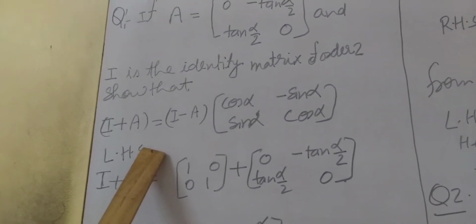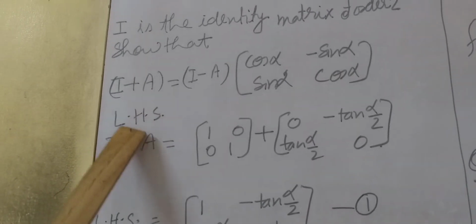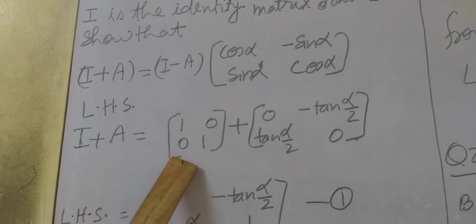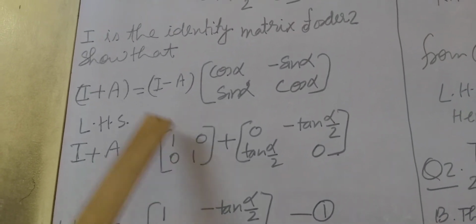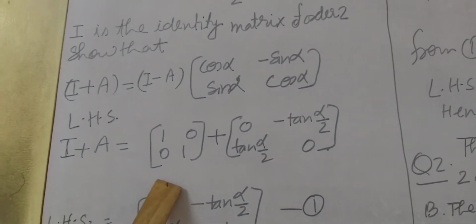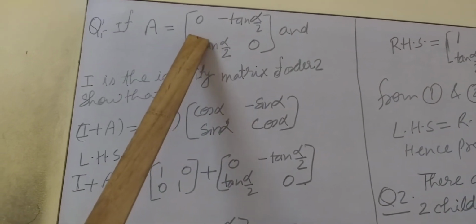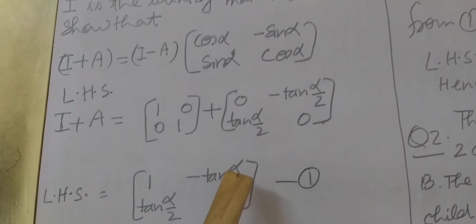Okay. So let us take first LHS. LHS is I plus A. Let us put the value of I and A. I value [1 0; 0 1] because it is identity matrix of order 2. Okay, students, plus A value, you can see here it is given [0, minus tan alpha by 2; tan alpha by 2, 0].